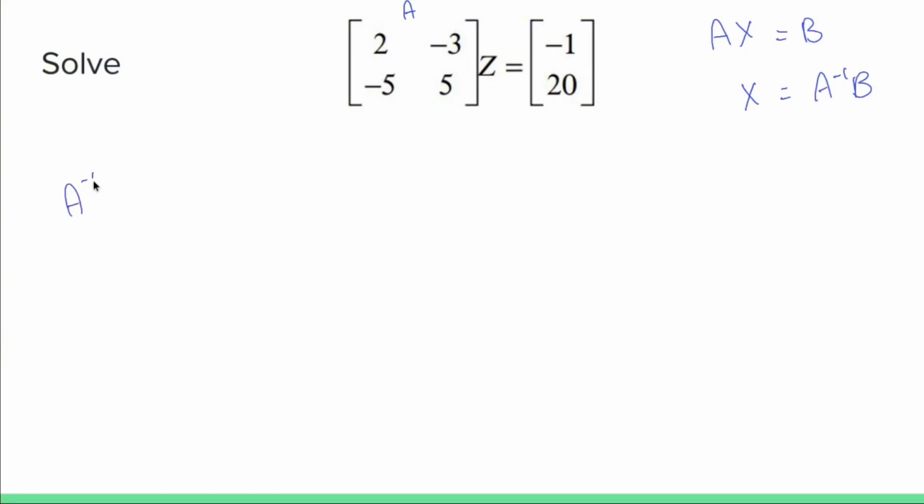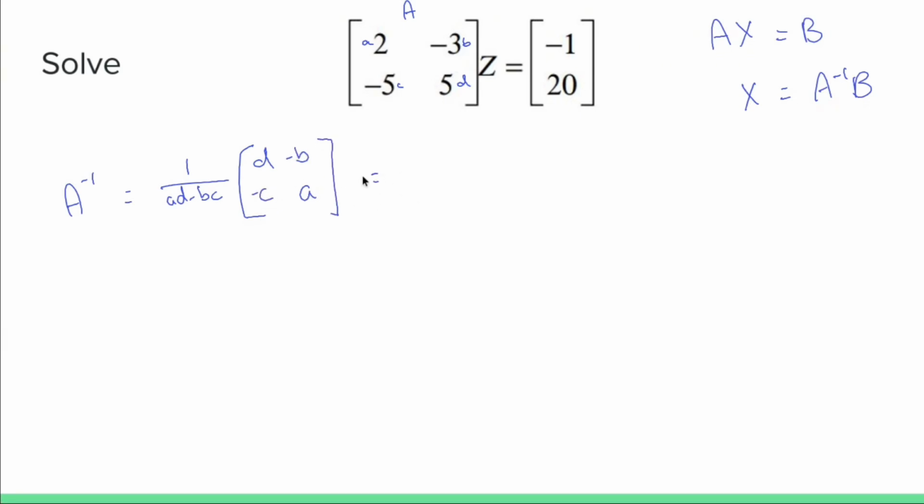So the inverse of A is going to equal 1 over the determinant. If I call the entries little a, little b, little c, little d, that would be 1 over AD minus BC times the matrix, flip-flop the A and the D, and then make the negative C and negative B, but not in that order.